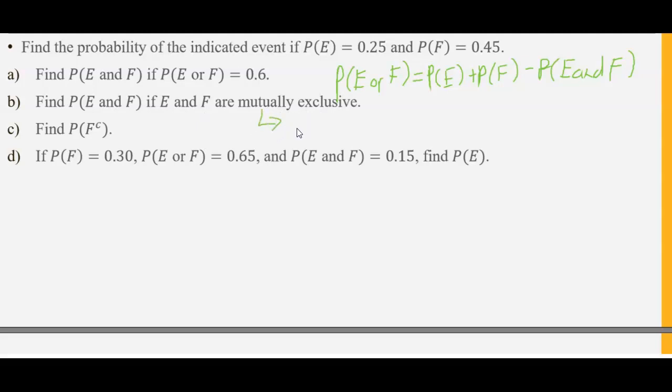To be mutually exclusive means they have nothing in common. If there is nothing in common, then there's no intersection, and if there's no intersection, then the probability of E and F is 0. So there's no math involved. It's simply knowing the definition of mutually exclusive.